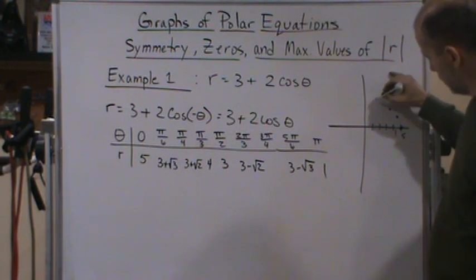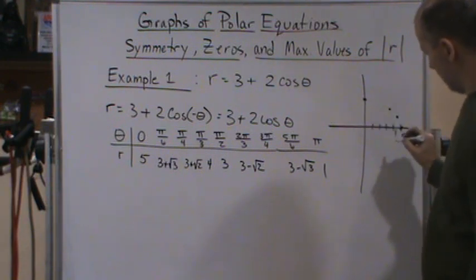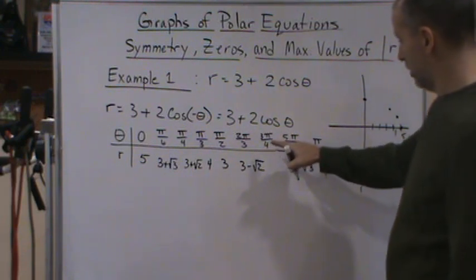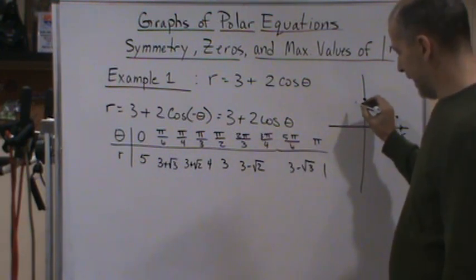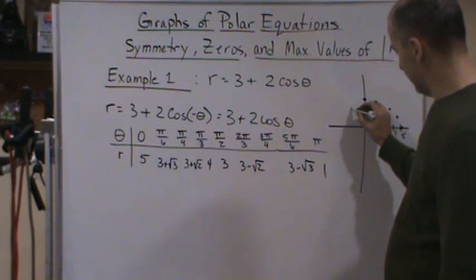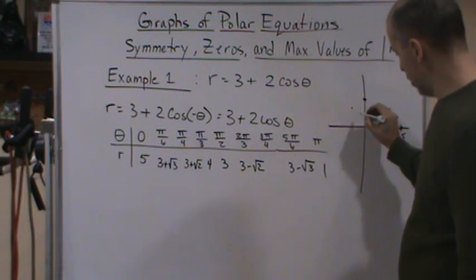And then at pi over 2, we're at 3. And then at 2 pi over 3, we're at 3 minus that, so we're going to be like maybe down here. Right? And then we start going down again, right? So we're getting smaller and smaller.